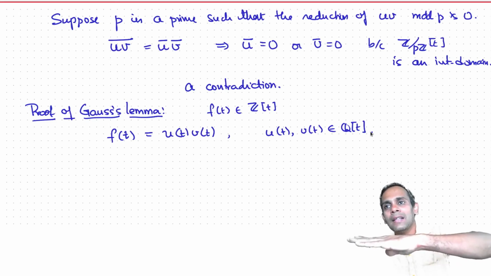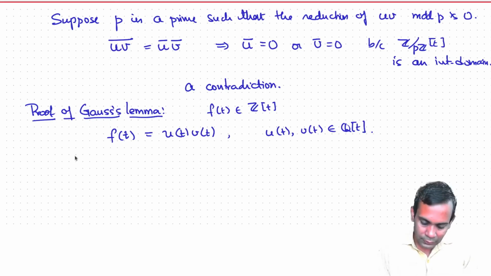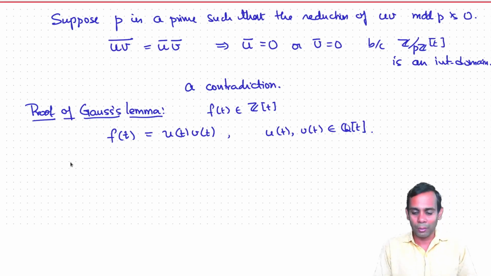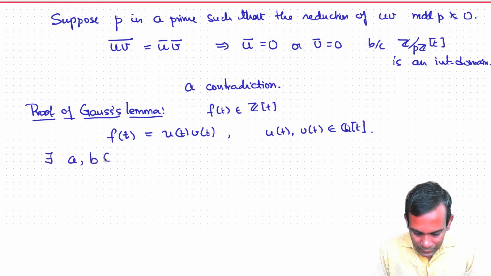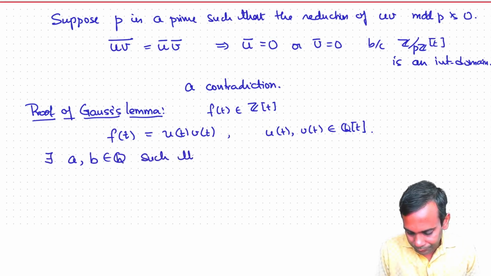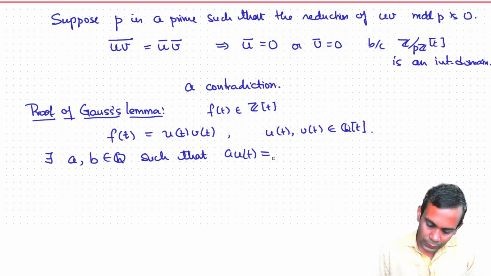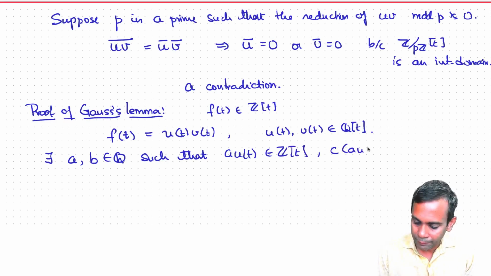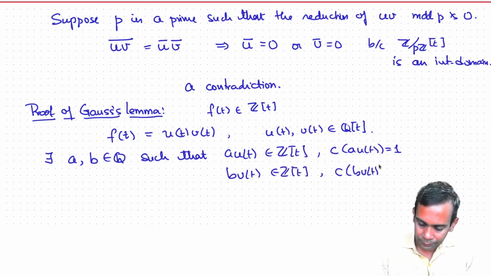You can choose this carefully enough so that the resulting polynomial is primitive. So just take, for example, the LCM of all the denominators, and that should do the trick. So there exist rational numbers a and b in Q such that a·u(t) belongs to Z[t] and the content of a·u(t) is 1, that is, it is primitive. b·v(t) belongs to Z[t] and the content of b·v(t) is equal to 1.